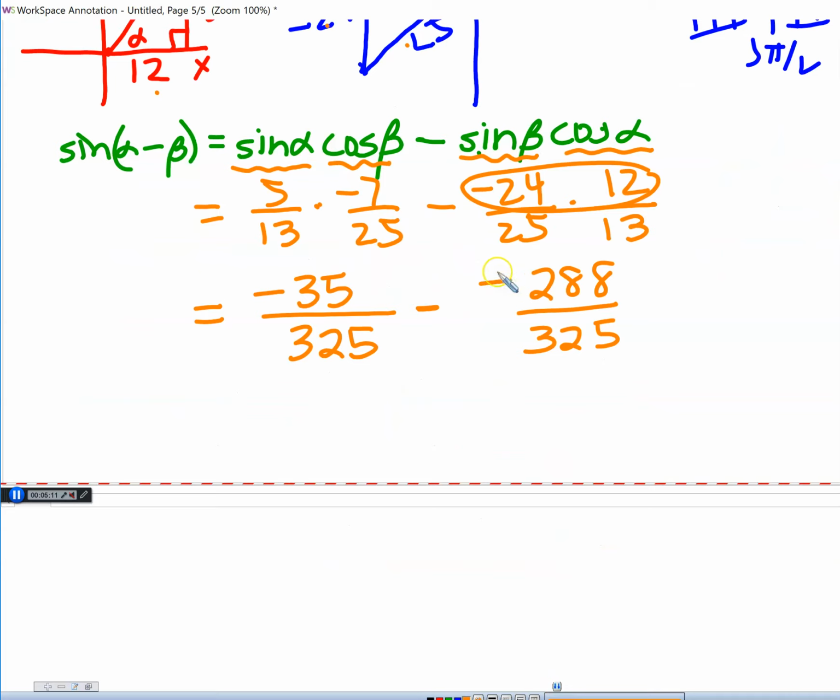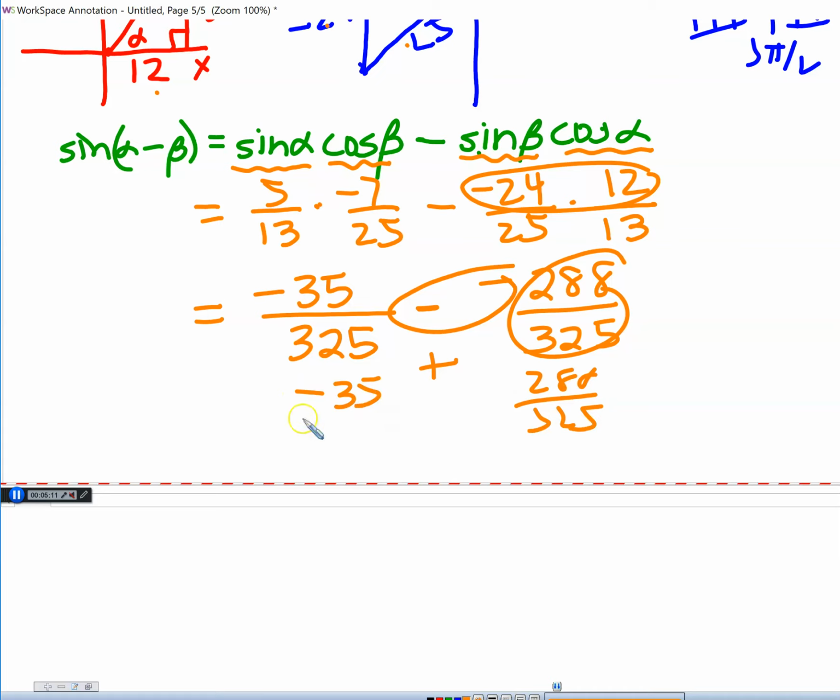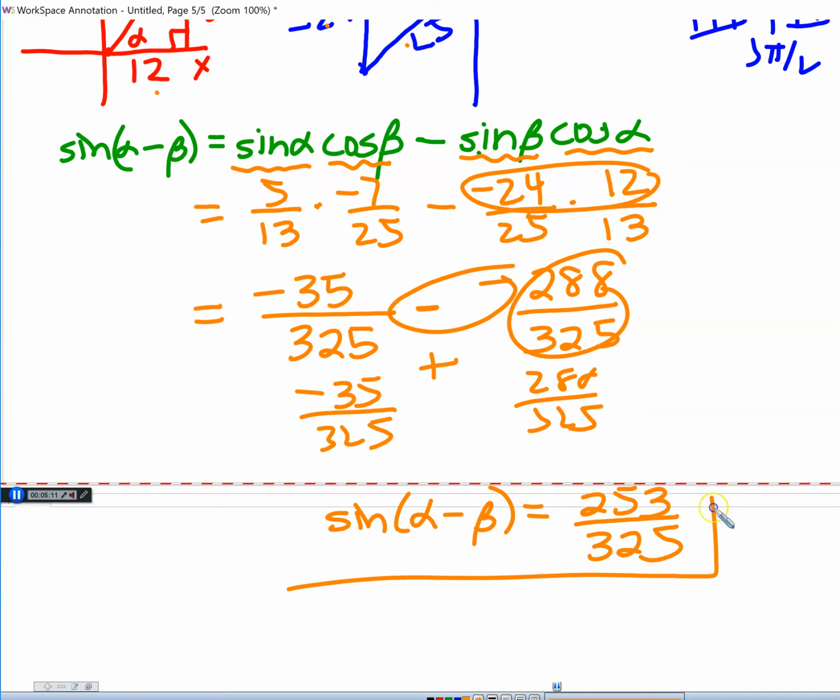So this right here becomes plus a positive 288 over 325. This is still, of course, negative. So we're looking at 288 minus 35, and that will give us a final value for sine of alpha minus beta as 253 over 325, like so.